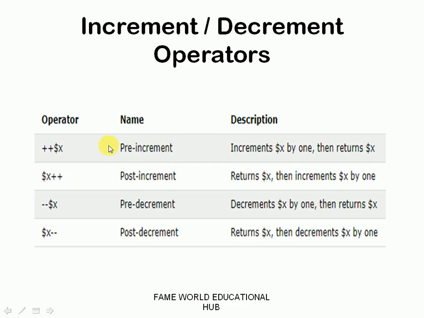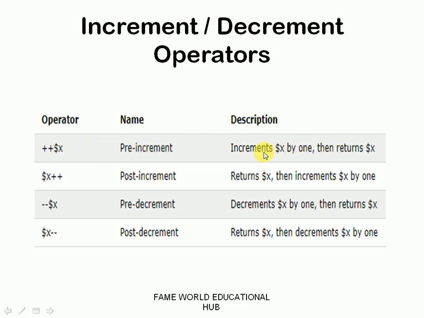So the increment decrement operator, as the name implies, is used for increment, that is to increase the value, and decrement, that is to decrease the value of some particular operands. So here you can see the operator plus plus $x. That means this plus plus operator is being used to increase the value of $x. This is known as pre-increment.